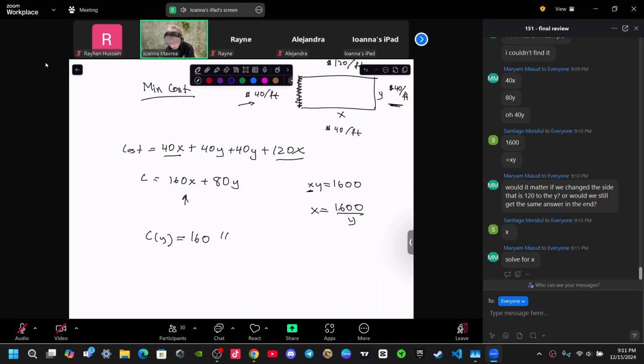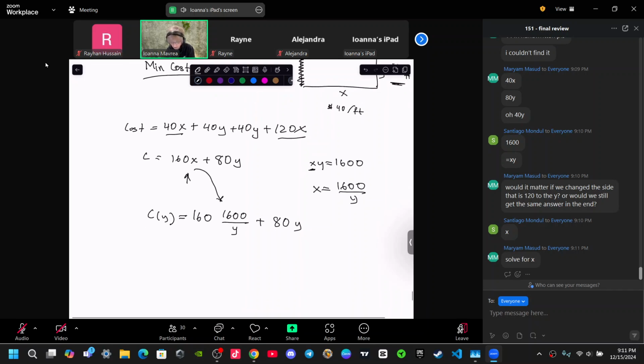160, I replace the x. You can simplify, but I'm not planning to do such a thing. And I'm going to take a derivative because I want to find the minimum of this function. Clearly, the y measures this width.